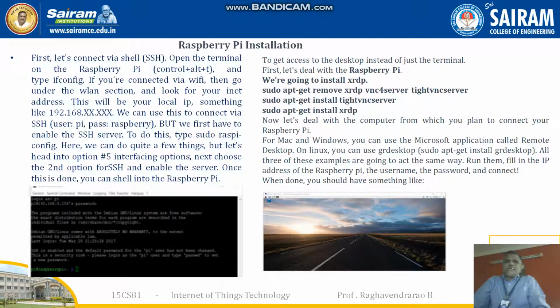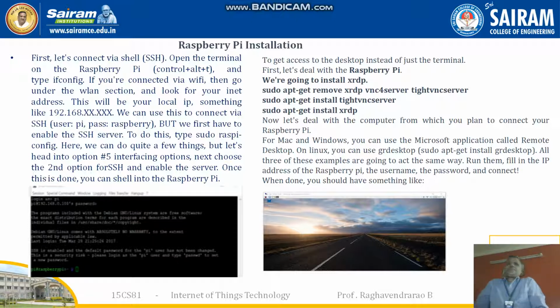I choose the second option for SSH and enable the server. Once this is done, you can see the shell into the Raspberry Pi. Here you will get a command window, and we will see that. You can see those things on this particular screen.